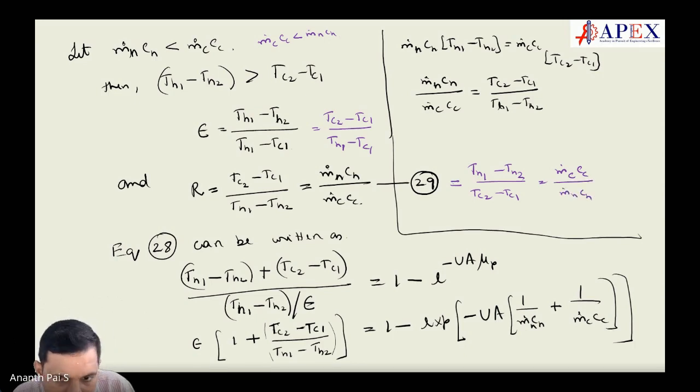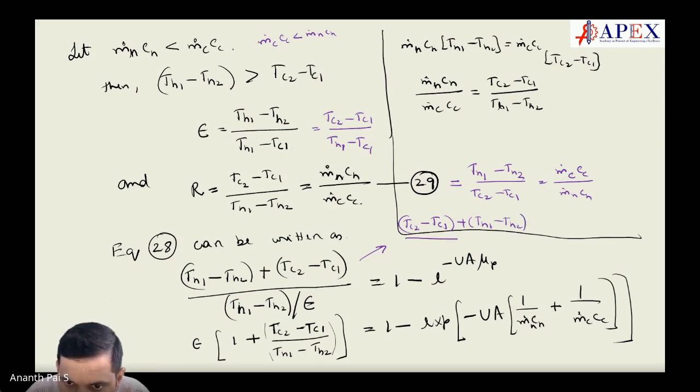Correct? And instead of writing like this, I would write this as Tc2 minus Tc1 plus Th1 minus Th2, divided by, epsilon has changed, so I will write Tc2 minus Tc1 by epsilon.